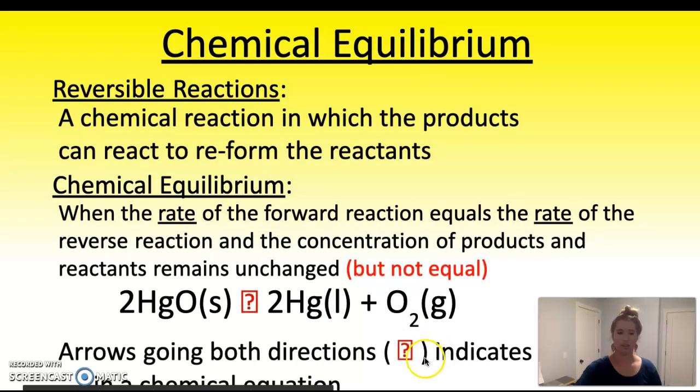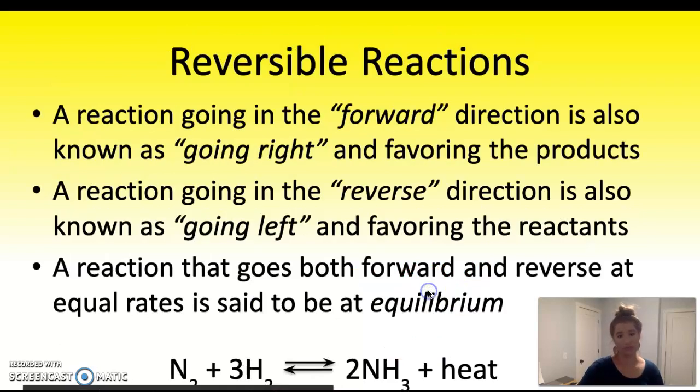But not equal. So the arrow going in both directions, these question marks are supposed to be arrows going in the forward direction and in the reverse direction, indicating equilibrium when the reaction rates of the products becoming reactants and reactants becoming the products are equal.